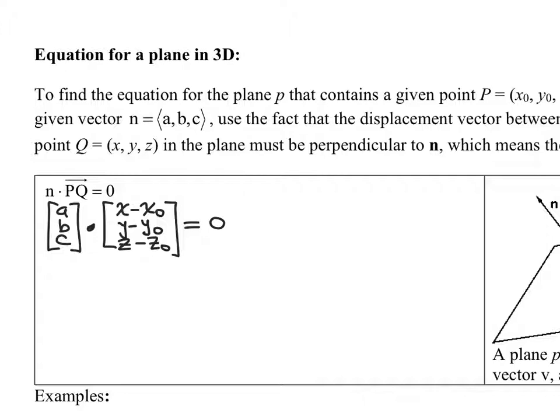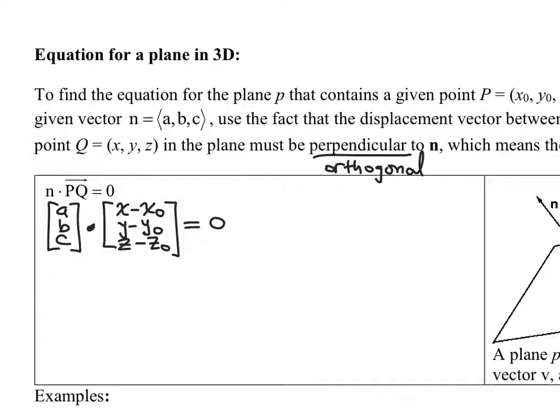All right, the perpendicular part is the important piece, because perpendicular and orthogonal mean the same thing. Orthogonal is the case where the dot product between two vectors is equal to 0. So all this is telling me to do is find the dot product between these two vectors.